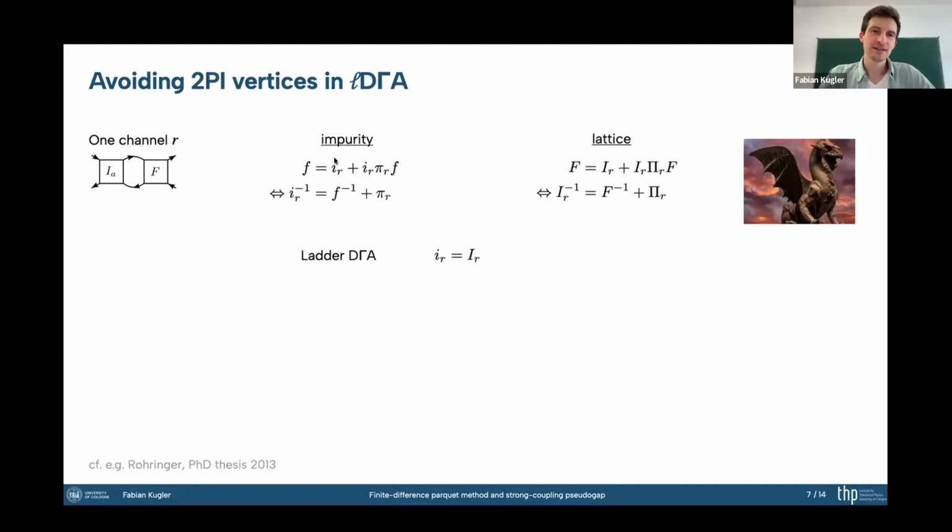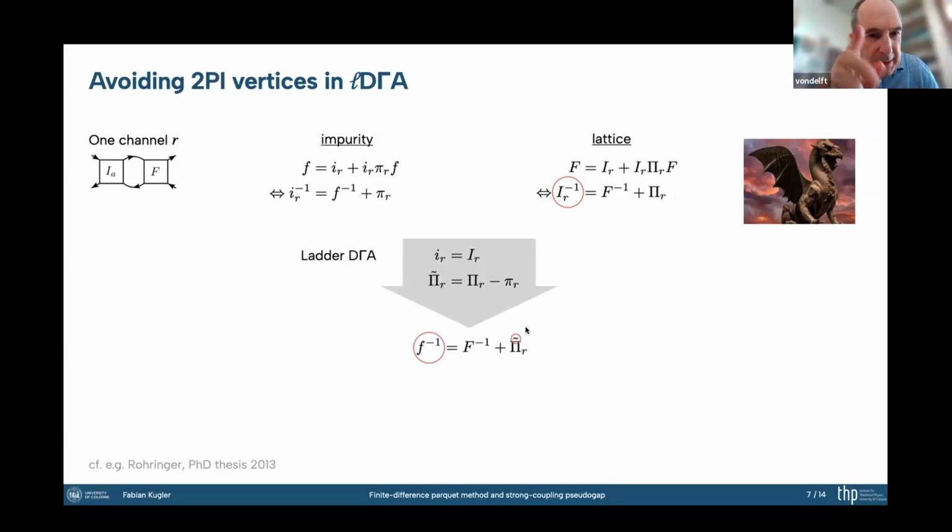Let's first isolate the irreducible vertex for both equations. And then we can simply eliminate this guy by equating both relations. In passing, we generate the difference in pair propagators, and you see that we arrive at this very neat equation, which is the analogon of the lattice Bethe-Salpeter equation, but the irreducible vertex has been replaced by the full impurity vertex if we just put a little tilde on the pair propagator.